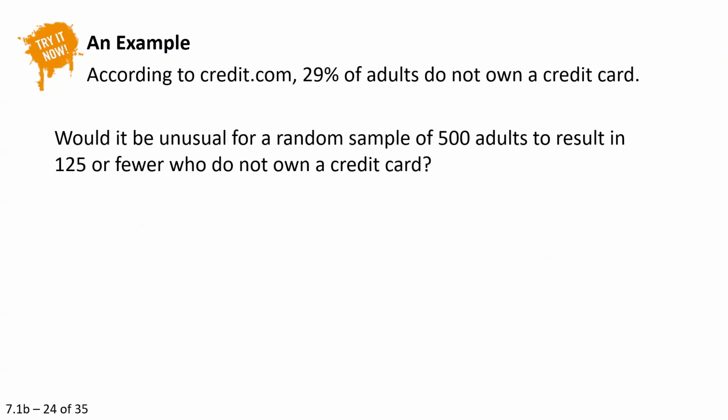All right, let's keep going here. Would it be unusual for a random sample of 500 adults to result in 125 or fewer who do not own a credit card? Now, this one's a little weird, isn't it? Because I'm not giving you a proportion, am I? What's p hat here?